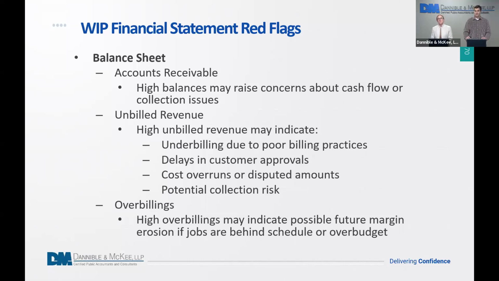What was presented as a potential asset just becomes additional costs on the books and leads to poorer performance on the job than what has been presented. And naturally you have a potential collection risk, because to a certain extent your unbilled revenue is money you still have to receive from your client.